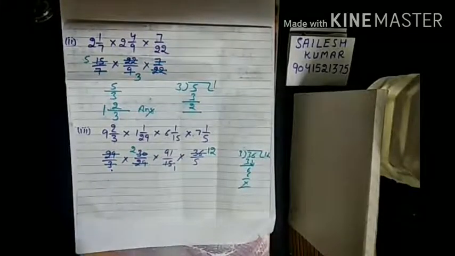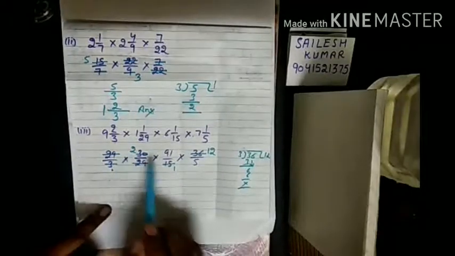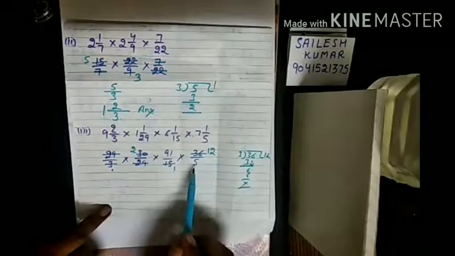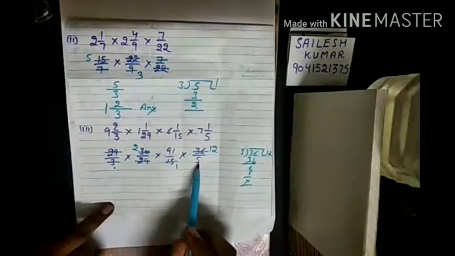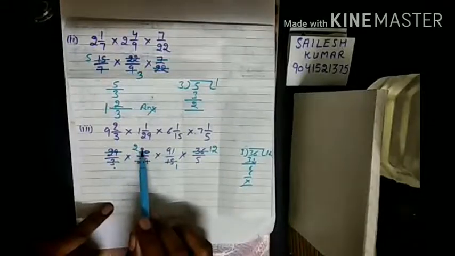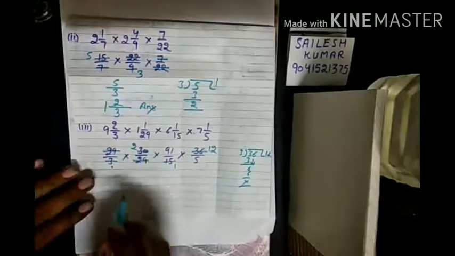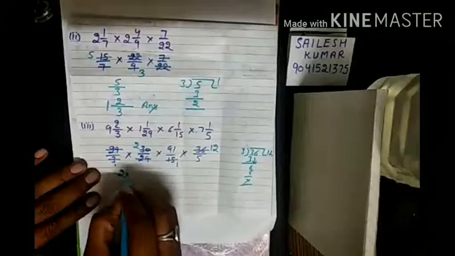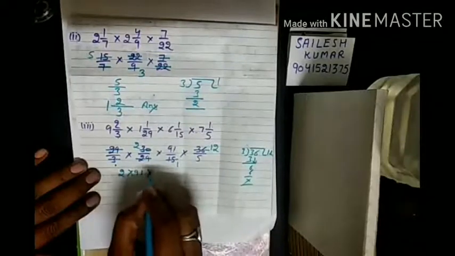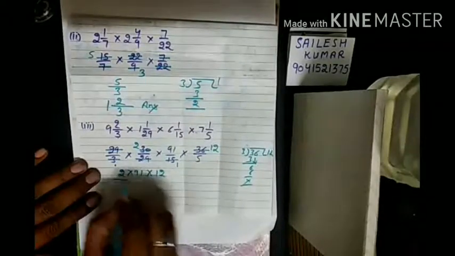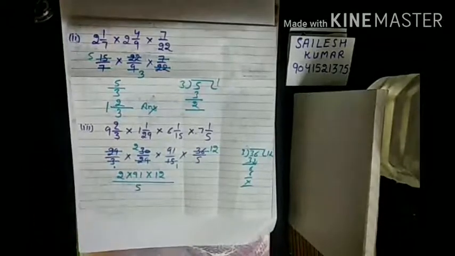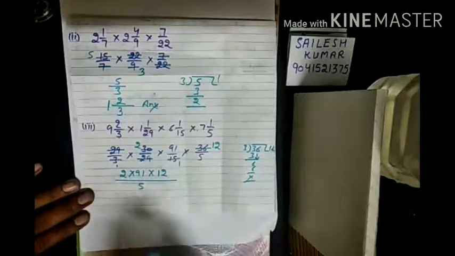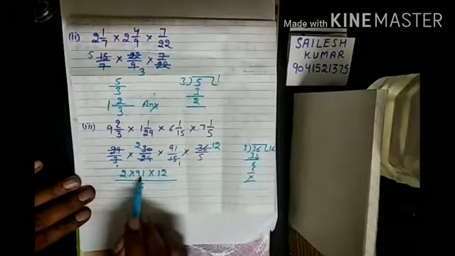Now, is any common factor there? This is 2, this is 91 and this is 12. But in the denominator there is only 5. And 5 is not common to any one of the above entries. So, we will multiply the above ones and write the denominator. 2 multiply 91.